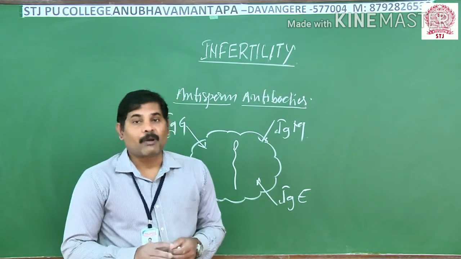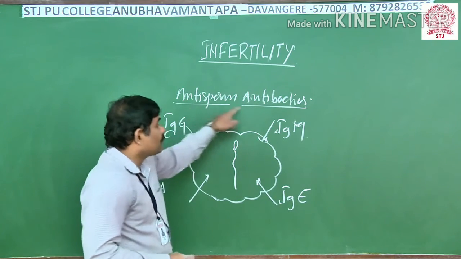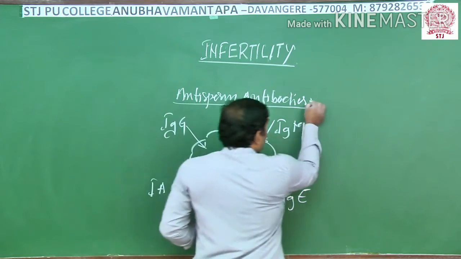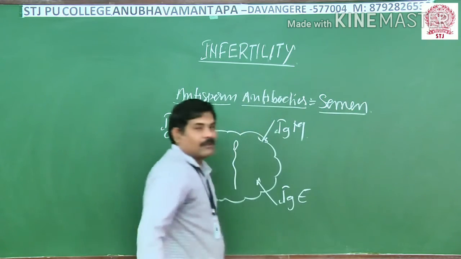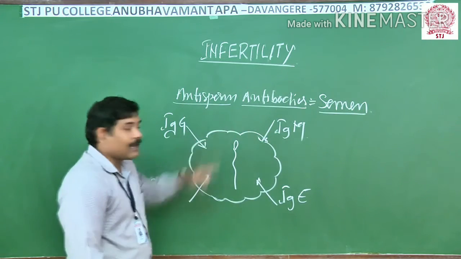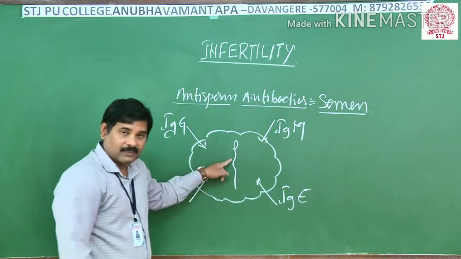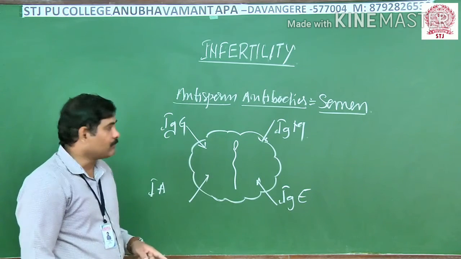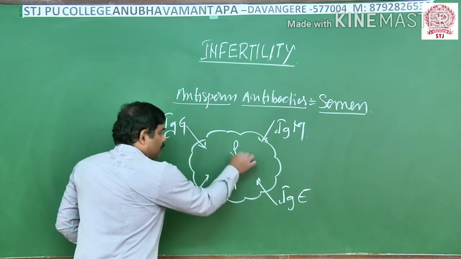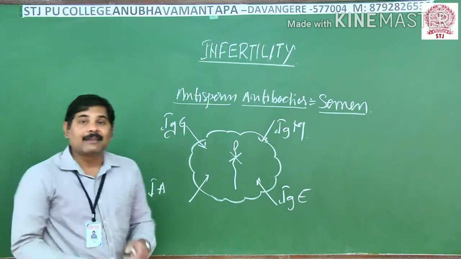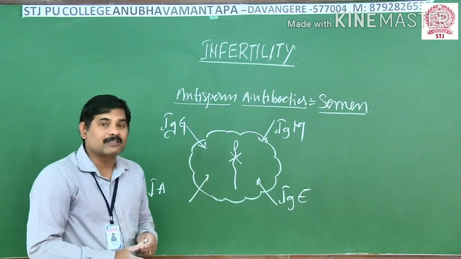Unfortunately, in some cases, these anti-sperm antibodies are present in greater number in the semen of a male. Since semen consists of sperm, these antibodies attack the sperms and lead to the killing of these sperms.